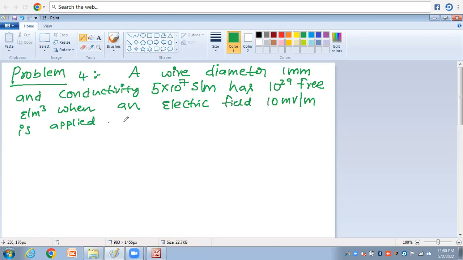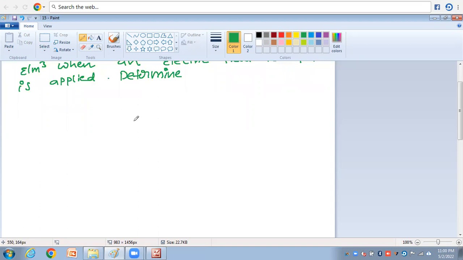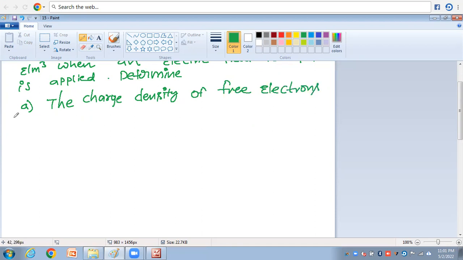Now the questions are: determine the first parameter, the charge density rho v of the electrons. This is the first question in this problem.